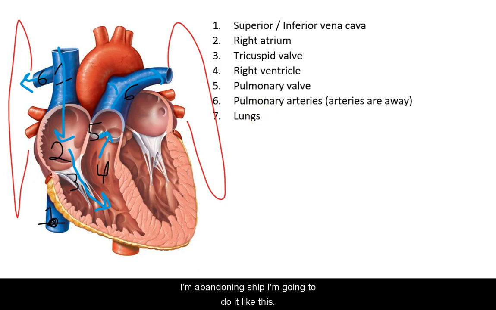I'm going to do it like this. The blood goes from the pulmonary arteries to the lungs, where oxygen comes in and carbon dioxide goes out.